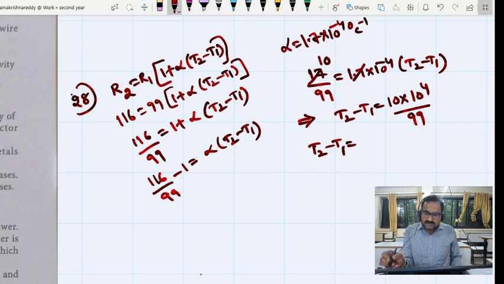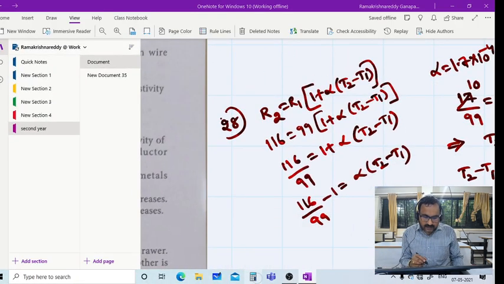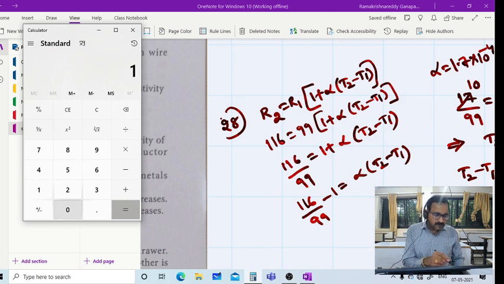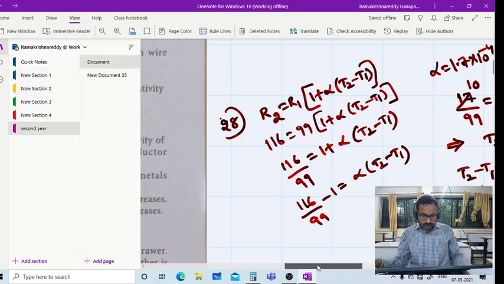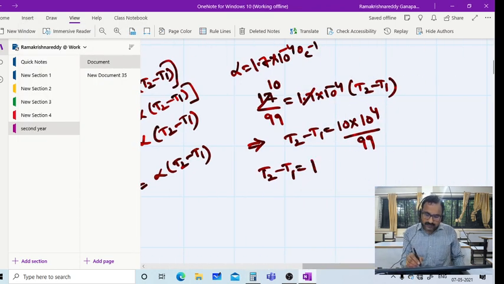Normally, approximately how much are you getting? 100 cancels, you get 1000. I know that, but anyhow the exact value is required, so I will share how much you are getting. Divided by 99, that is 1010. So see that one, 1010.10 we are getting there. So roughly it is 1010.something, like that we are continuing, no issue about that.